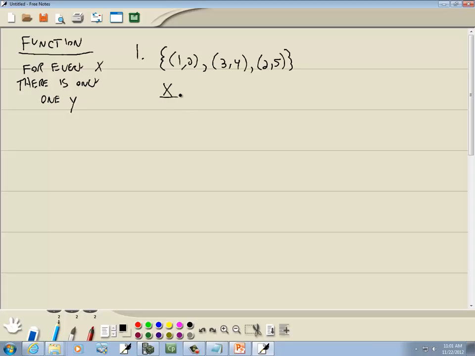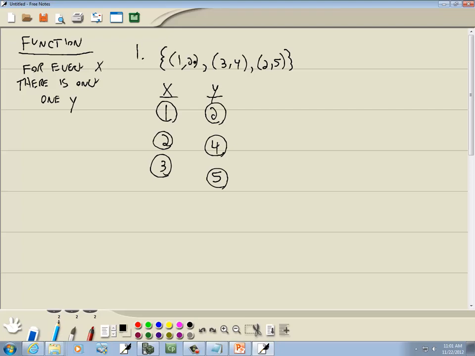Well, I'm going to create a map for this. Write my x values down from smallest to largest, not repeating any. So we've got 1, 2, 3, and I'll circle each one. Then write down my y values from smallest to largest, not repeating any. So we've got 2, 4, and 5. I'll circle them.